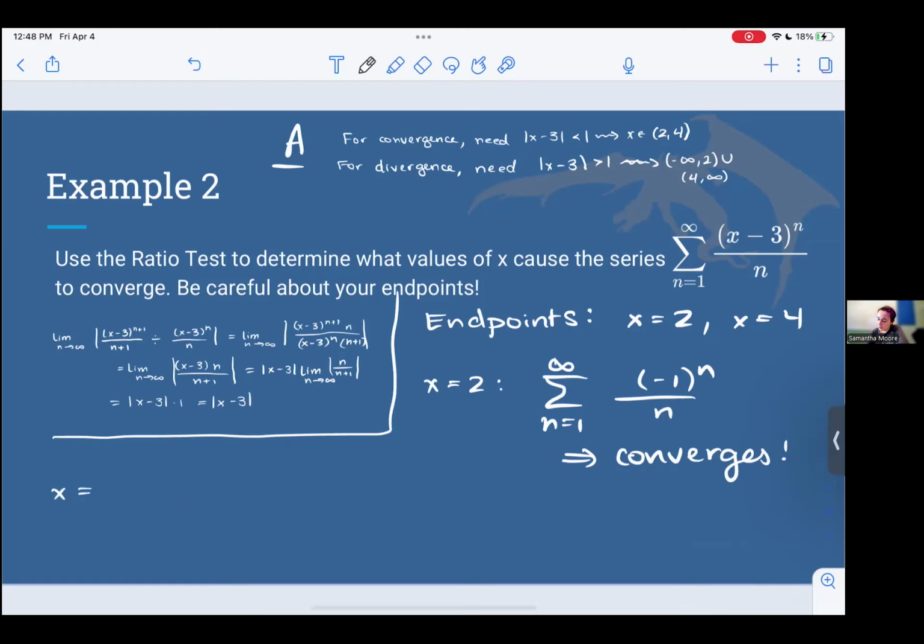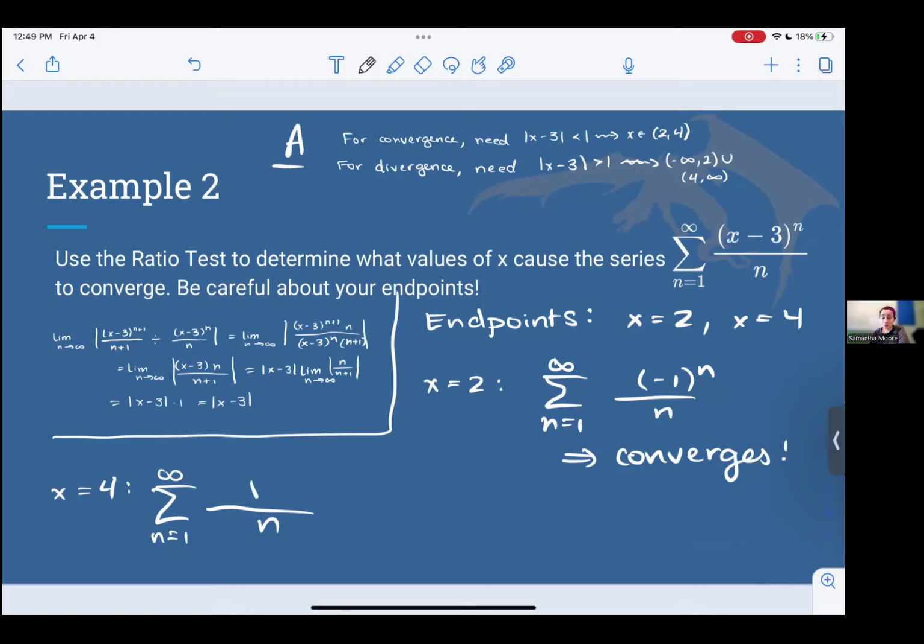And then the second endpoint was x equals 4. And for that, we need to look at the sum from n equals 1 to infinity. So (4 minus 3) to the n. So that's really just 1 to the n. So (4 minus 3) to the n over n. Again, that's 1 to the n in the numerator. In other words, it's just 1 in the numerator.